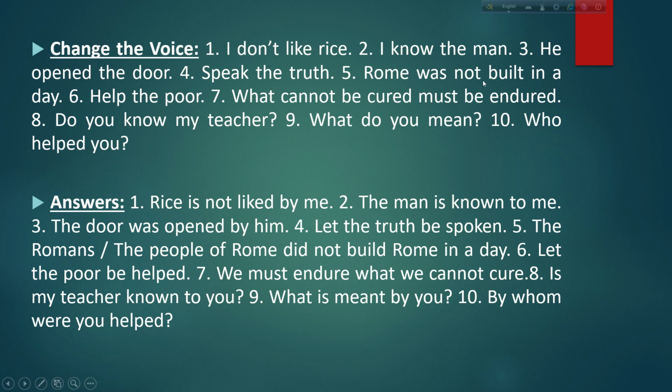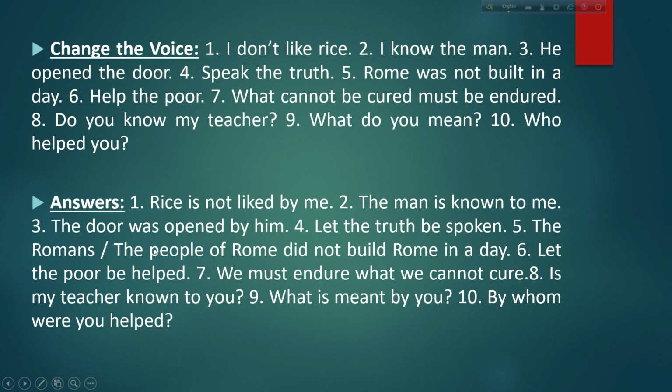Now 5, Rome was not built in a day. This is passive voice. Rome is a city, it cannot do any work itself. So whenever we are changing, we have to change it into active voice. I am taking the subject as someone, that is the Romans or the people of Rome. So we are giving the subject here.